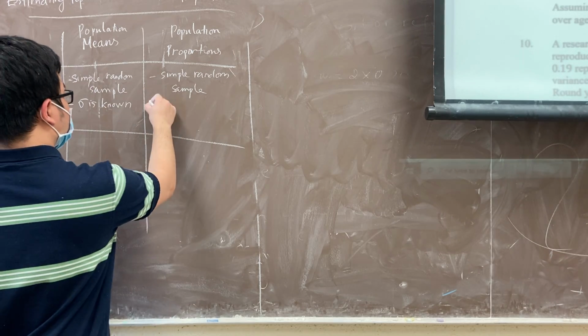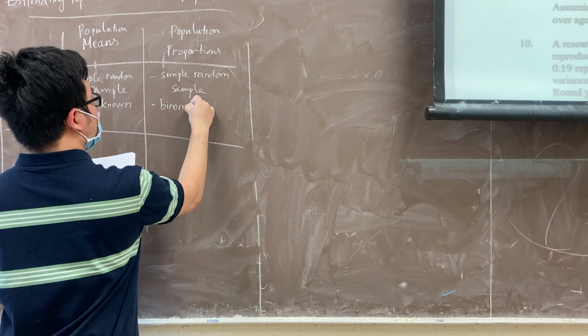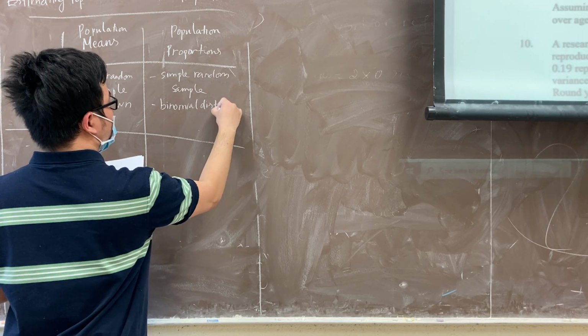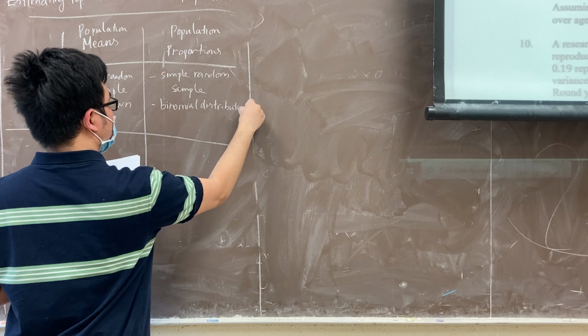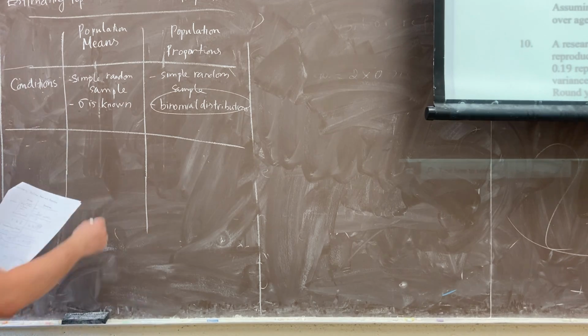And for the population proportion, the binomial distribution must be satisfied. But we don't need to care about this, because we don't study the binomial distribution, so we always assume this assumption is satisfied.